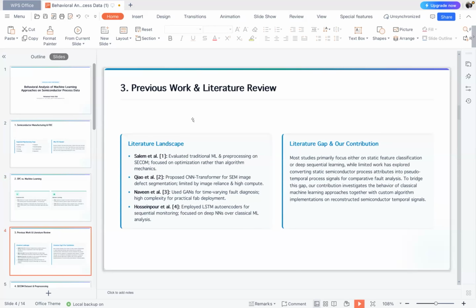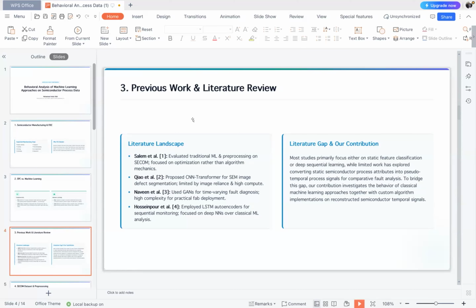Though several works have been done on this topic, like evaluating traditional ML and preprocessing on the SECOM dataset, which is a semiconductor process manufacturing dataset, this specific research focused only on the preprocessing steps, not the whole FDC steps. Another work on CNN transformers for image defect segmentation was also done, but it is only useful if the data is in image form, like wafer images.